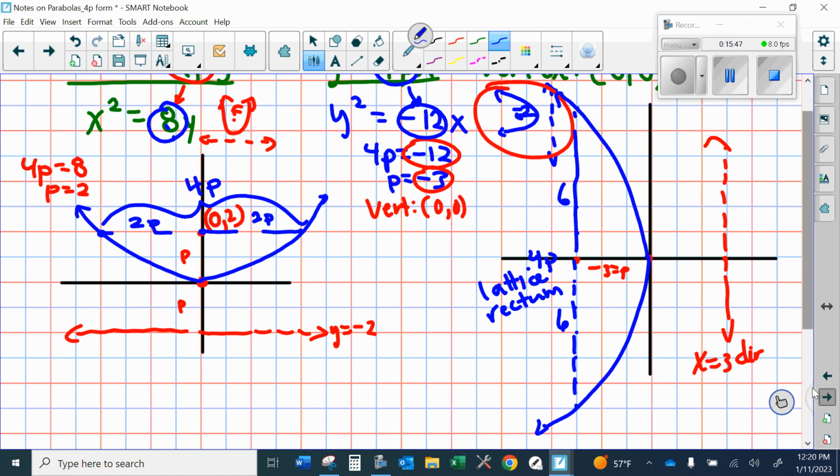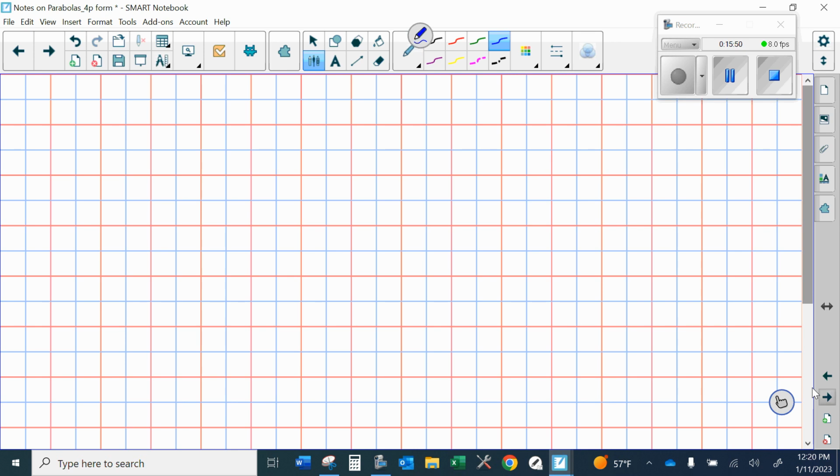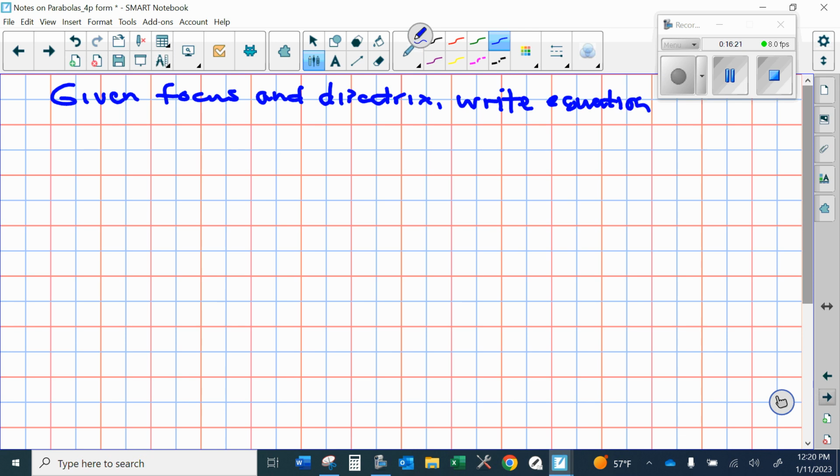Now I'm going to give you conditions, the focus and the directrix, and you're going to come up with the equation of the parabola. Okay, so given focus and directrix, write the equation of the parabola.